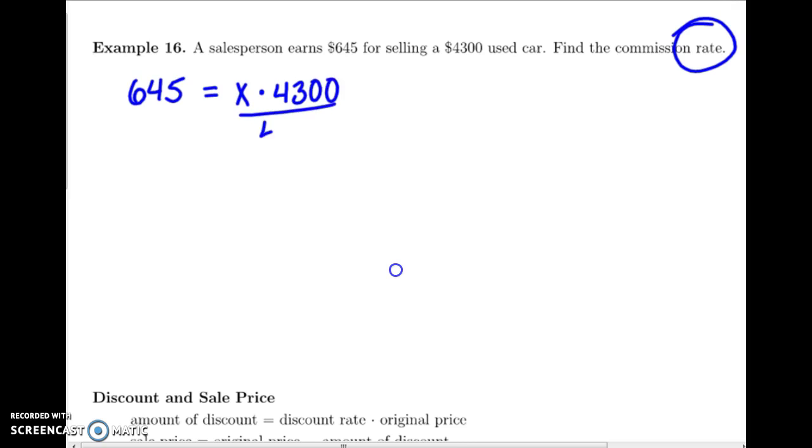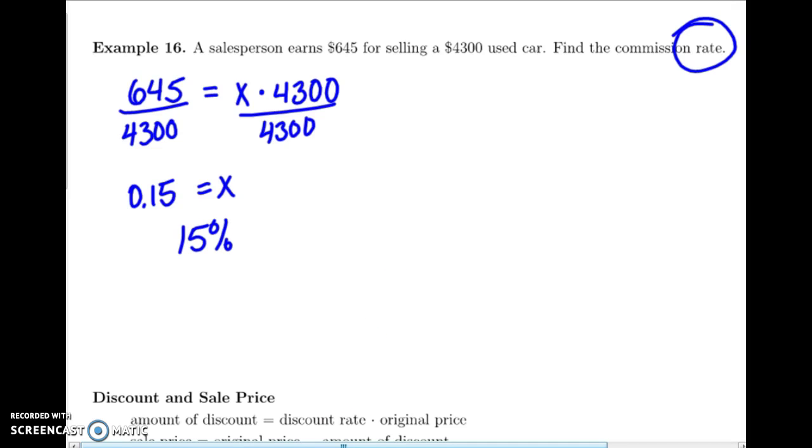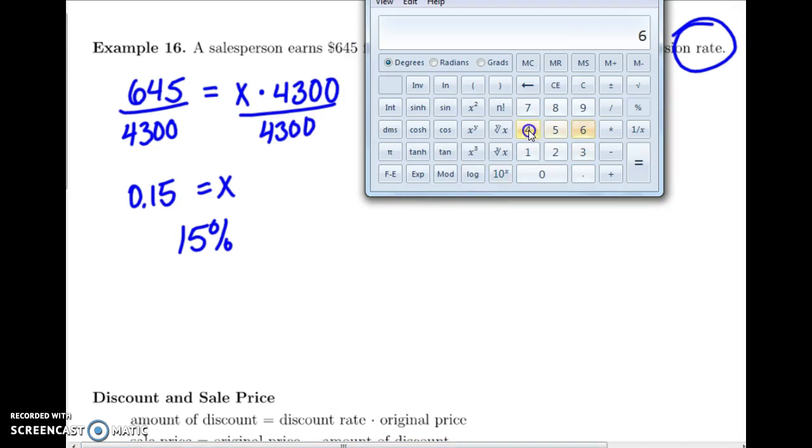So then divide by the 4,300, and I believe we end up with 0.15 or 15%. Now I'm doing that from memory. Let me just make sure quick.